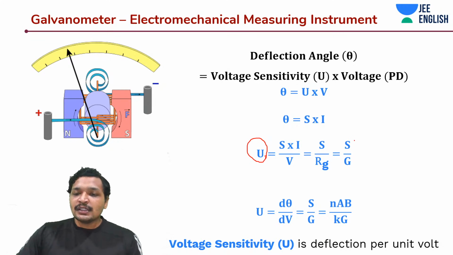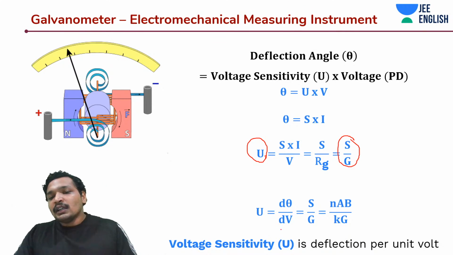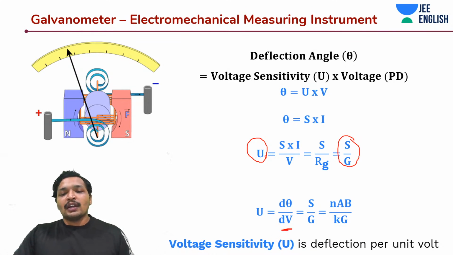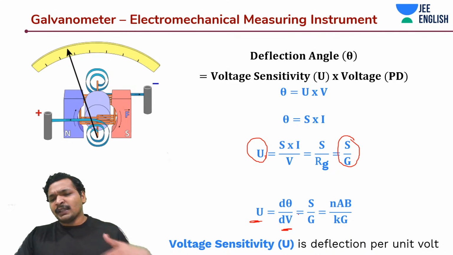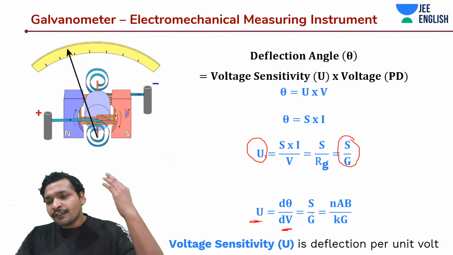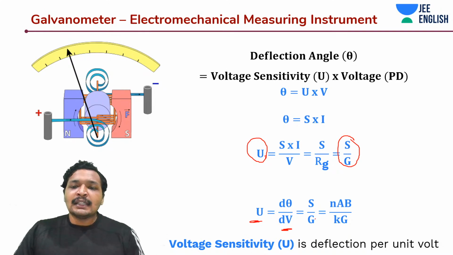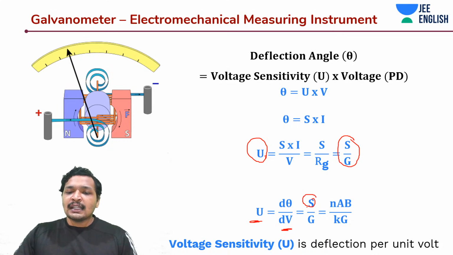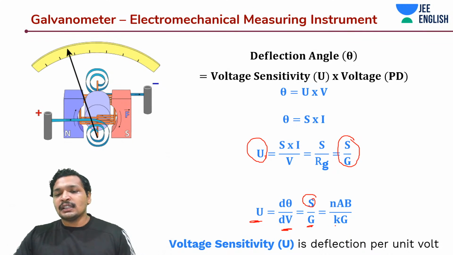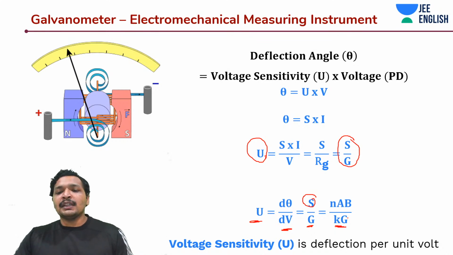So it's S by G, and this is also nothing but deflection per unit volt. It is the same kind of definition, but in terms of voltage. There it was deflection per unit current, here deflection per unit volt, and that is S by G, where S is current sensitivity and G is the resistance of the galvanometer. So it's again going to be NABK by G, if you remember all these terms.